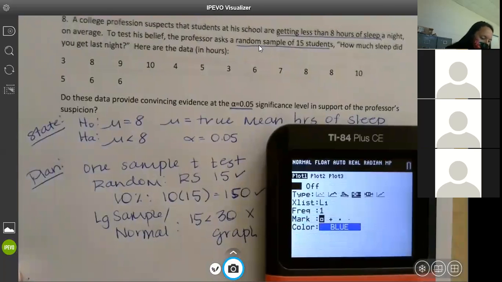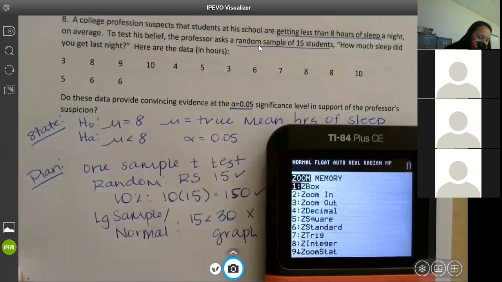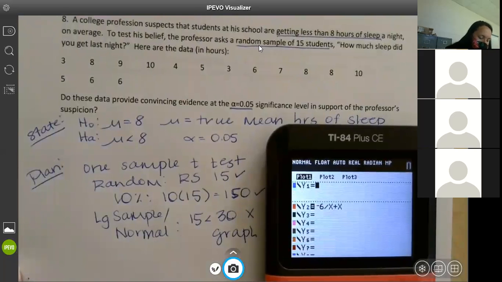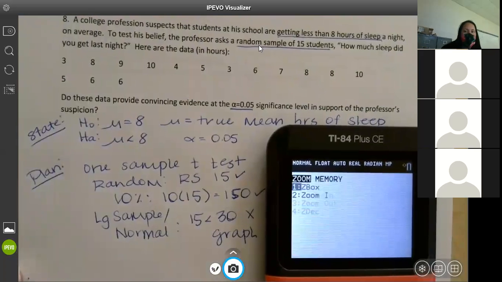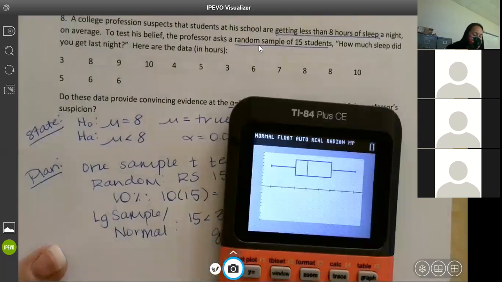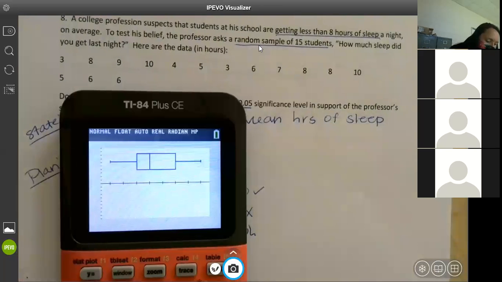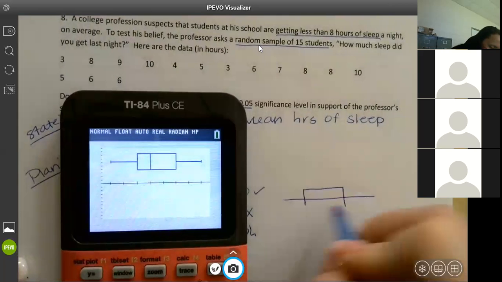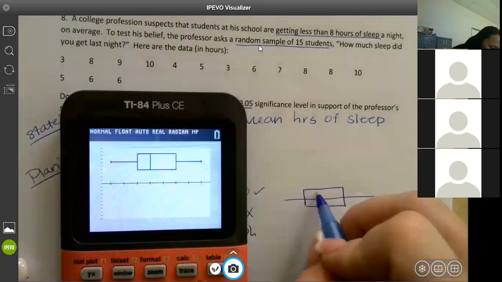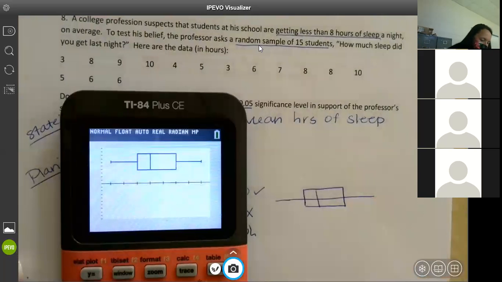We're going to turn it on, modified box plot, we're good. Make sure there's nothing in y equals. And then zoom on. So here's my box plot. It looks pretty good. So again, you're going to make sure that you draw this box plot out. It doesn't have to be anything special. Try to make it look exactly the same. I'm going to trace it.